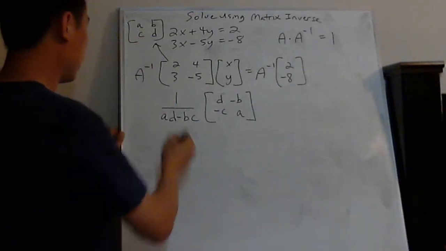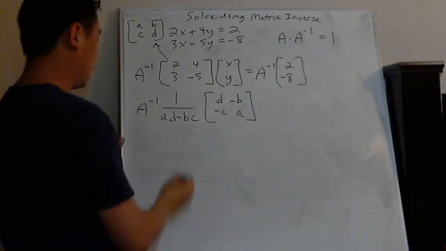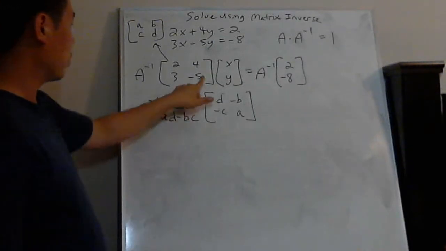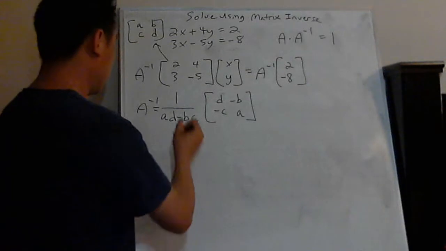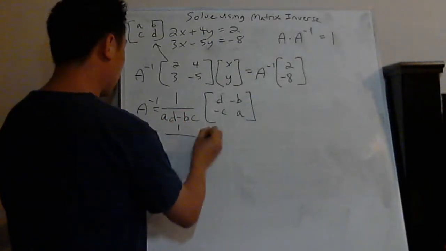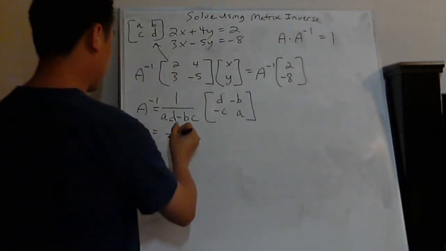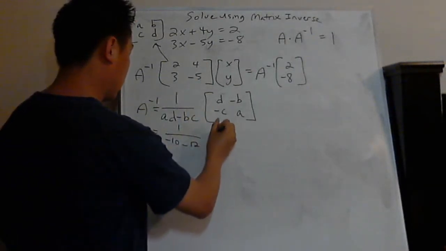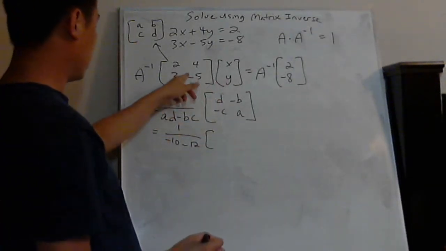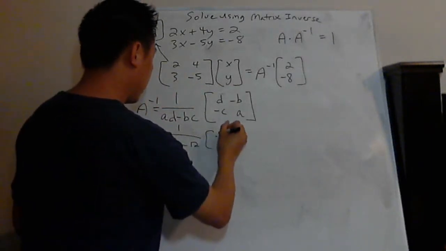So to find the inverse, you just plug these numbers in here, and then that's the inverse. So let's do that. 1 over, let's see, that's -10 minus 12. And then you have -5, 2.